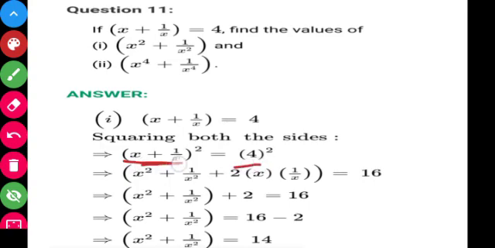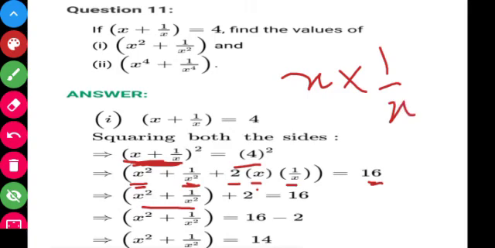Then this is a plus b whole square, so this will be a square plus b square plus 2 into a into b is equal to 4 square, that means 16. Okay. So x square plus 1 upon x square done. Then here x into 1 upon x.